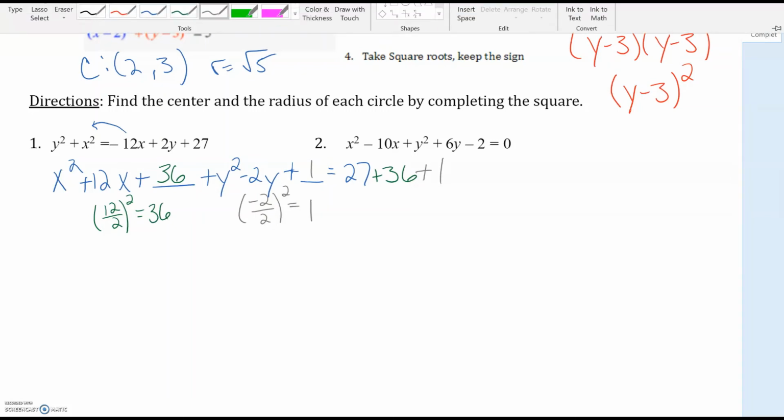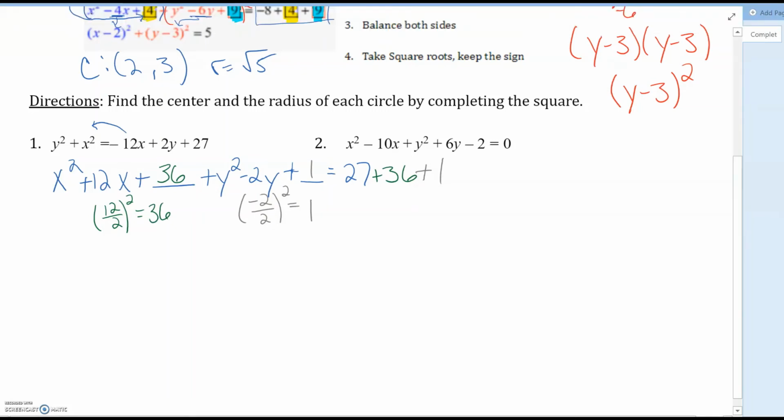Okay, the last step is I'm going to factor these. Now, if you want to factor them every time, you can, but there's a shortcut. For x, I'm going to take this sign, plus, and then the square root of this number. Square root of 36 is 6.